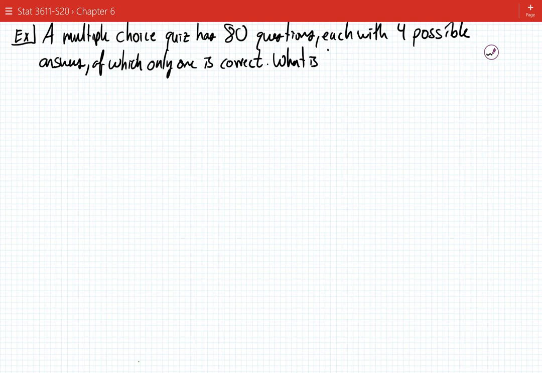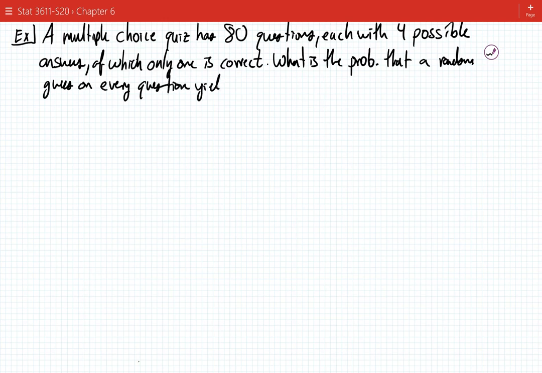What is the probability that a random guess on every question yields from 25 to 30 correct answers?